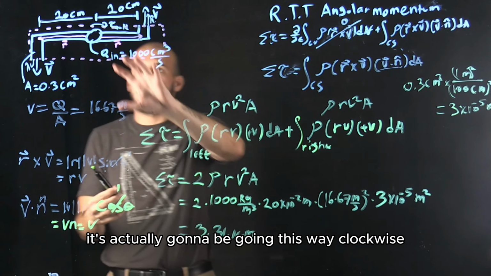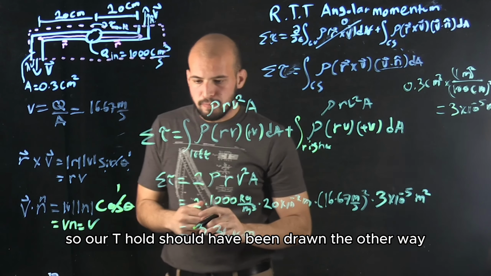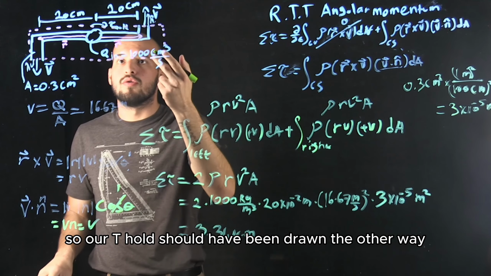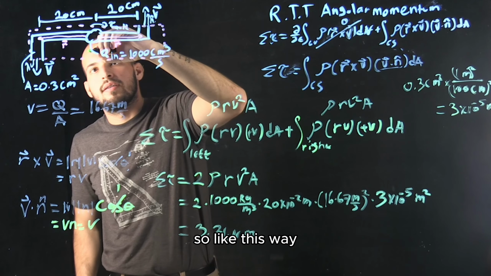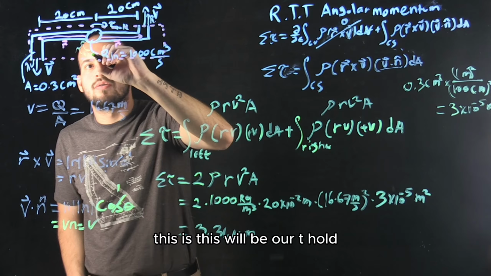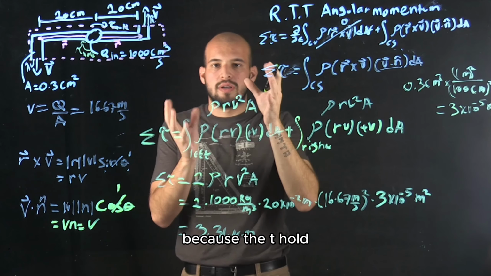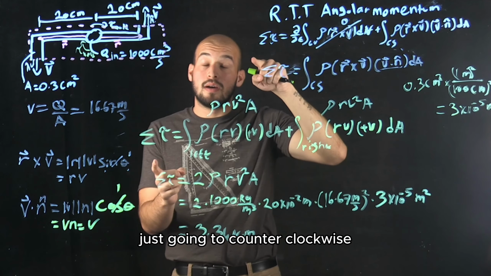Because it's positive, it's actually going to be going this way, clockwise. So our T hold should have been drawn the other way, like this. This will be our T hold, because the T hold needs to counter the torque from the water, which is going clockwise.